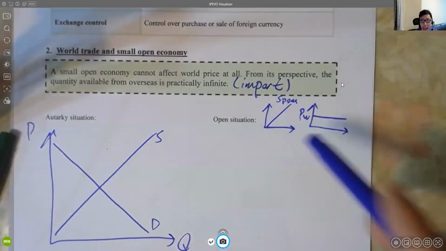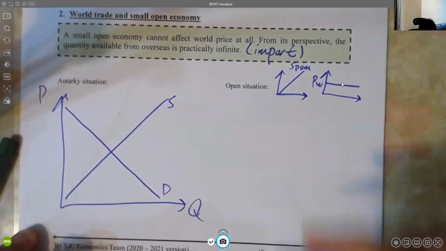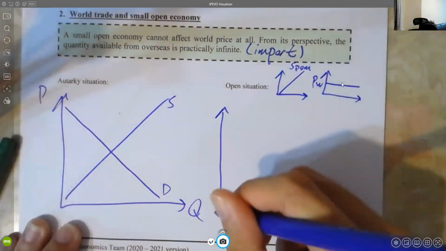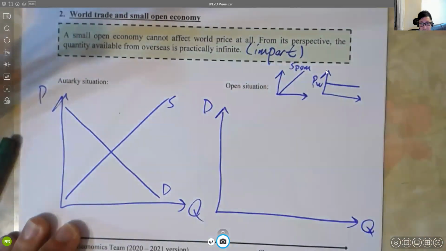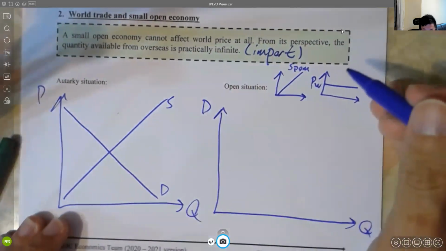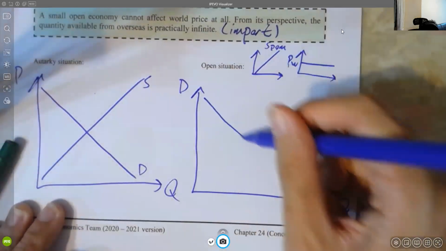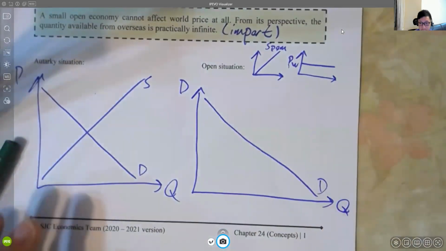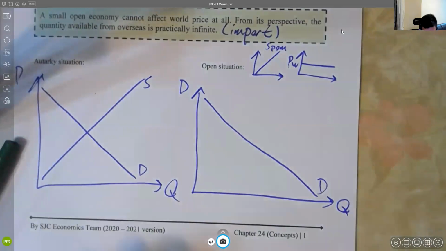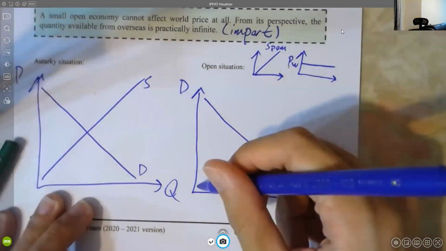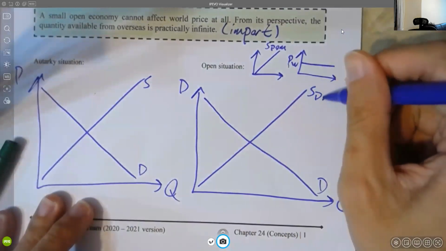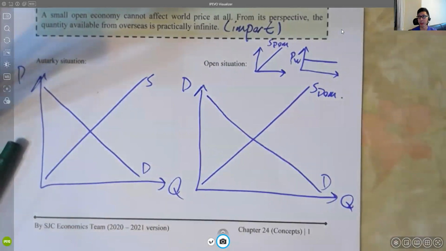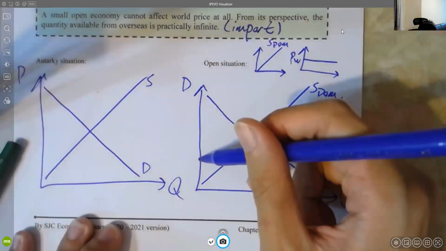So when you add them up together, it becomes something like this. First of all, demand is unchanged as always. Now we need to draw two things. First, this is what we call the domestic supply, 本地嘅. Now we need one more extra curve.